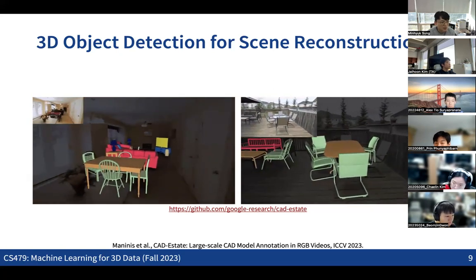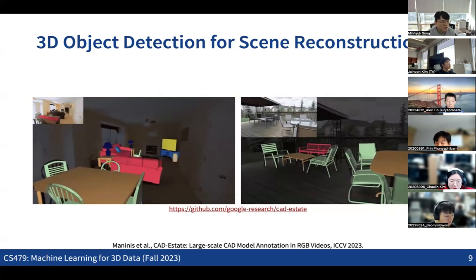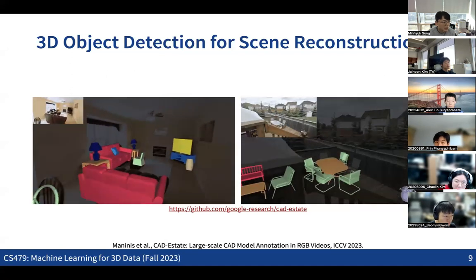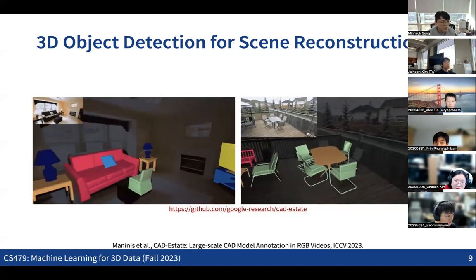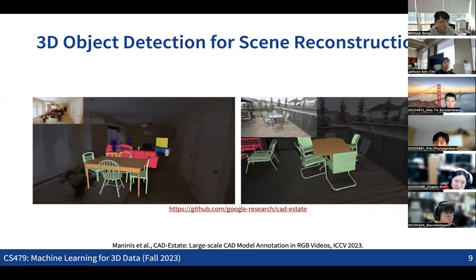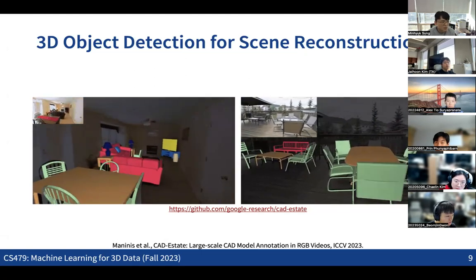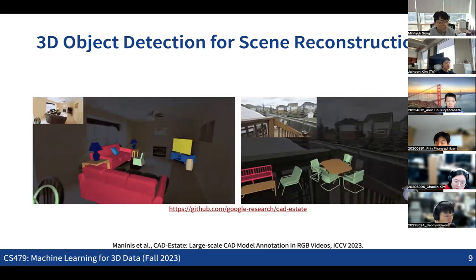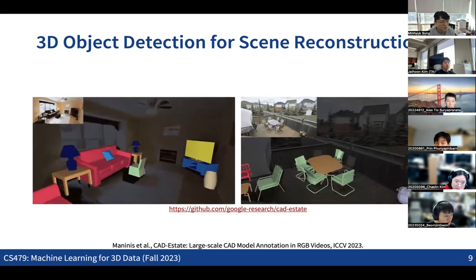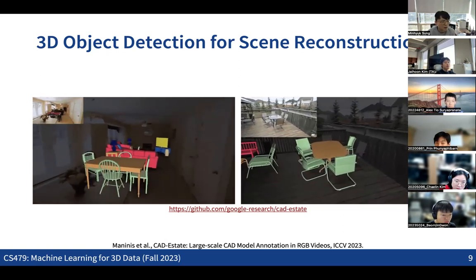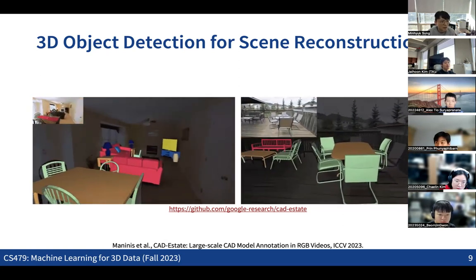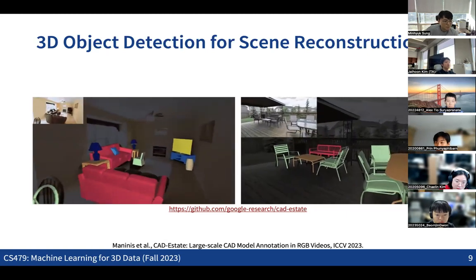Those are examples where we detect chairs, sofas, tables, and many other things in these 3D scenes and place the CAD models we have, converting scanned 3D scenes or videos of 3D scenes into an arrangement of 3D CAD models, so that we have CAD representations for the scenes.